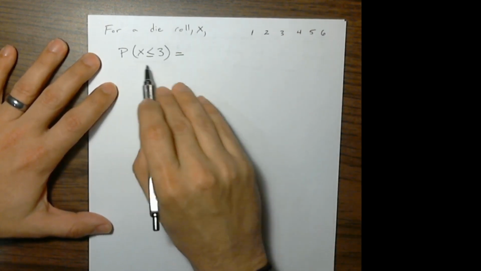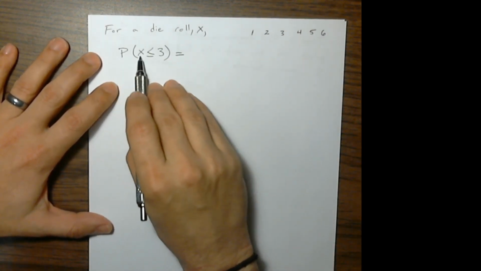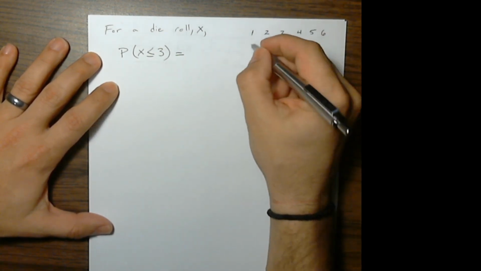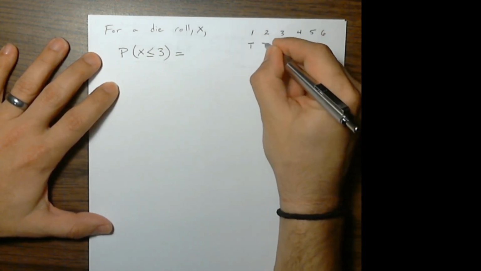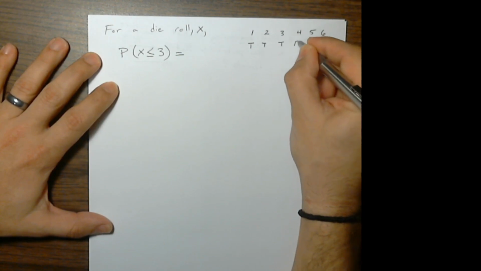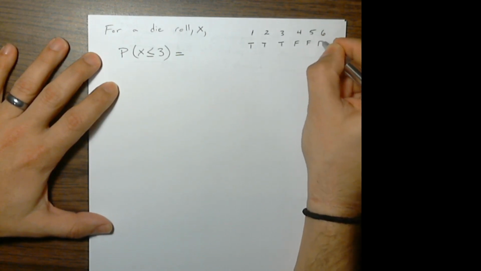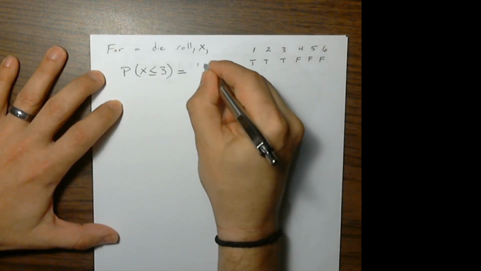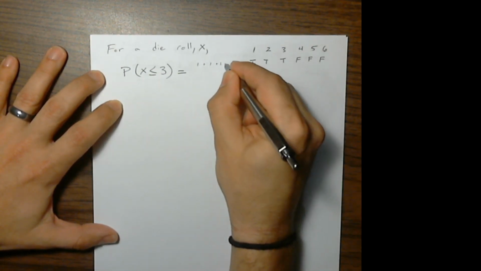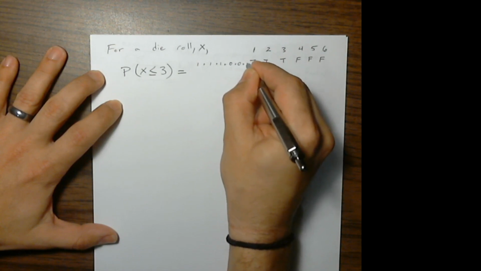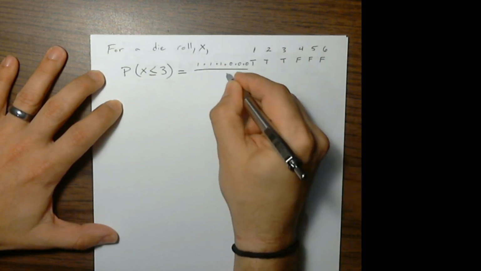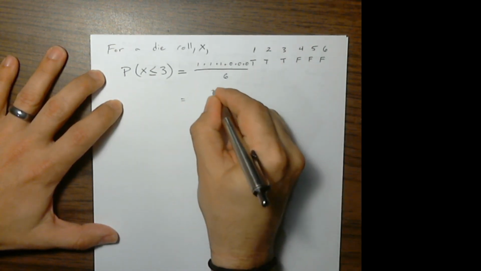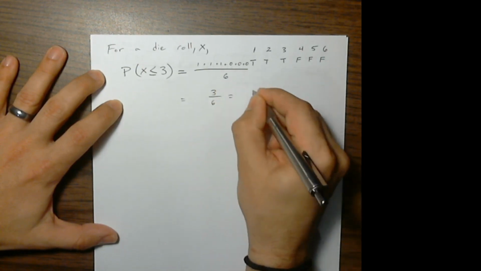Is X less than or equal to 3? True, true, true, false, false, false. That is equal to 1 plus 1 plus 1 plus 0 plus 0 plus 0, divided by 6, or 3 over 6, or 1/2.